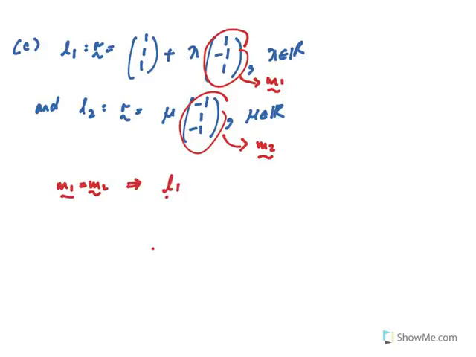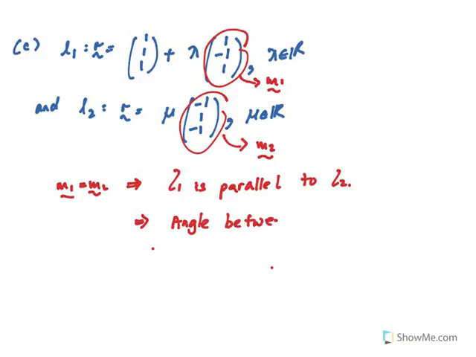This implies that L1 is parallel to line 2. If they are parallel, what is the angle between line 1 and line 2? It's just equal to 0.